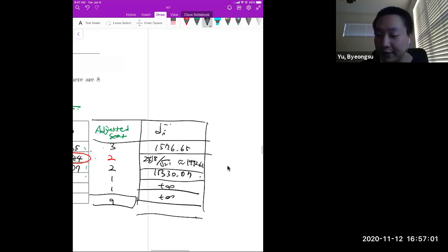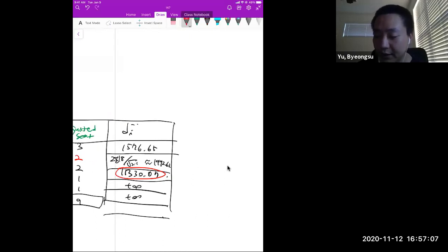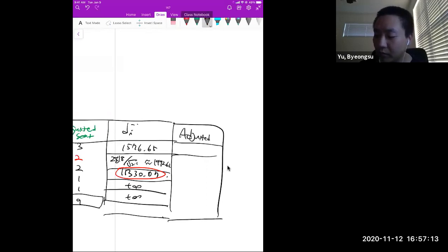So the next smallest one is the third one, right? In that case, the adjusted seats should be 3, 2, 1 here, and 1, 1 just the same.